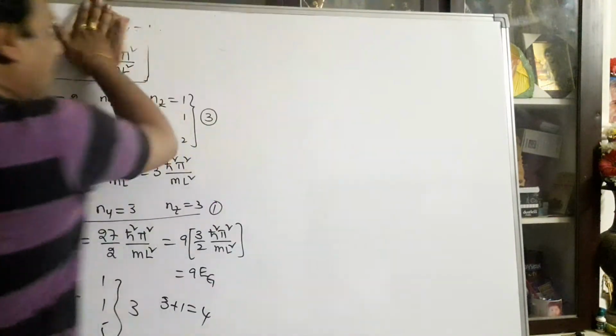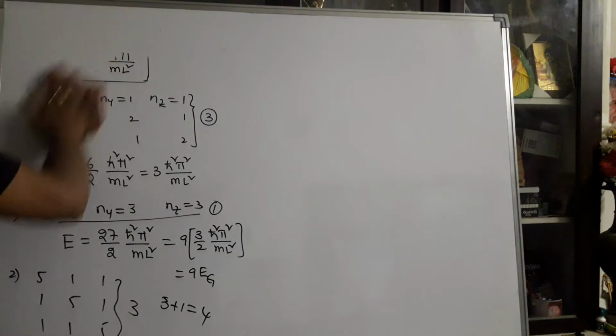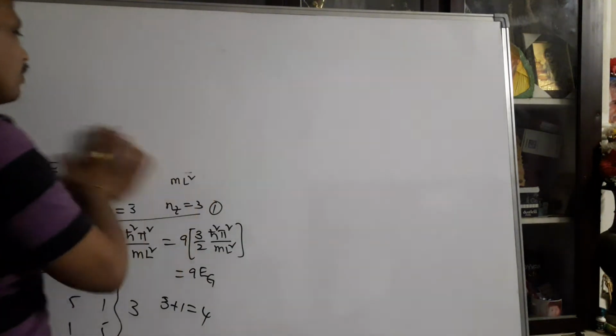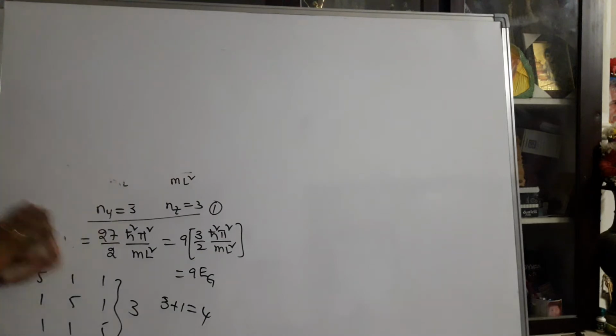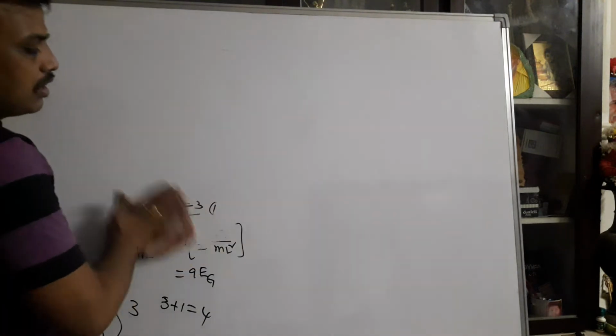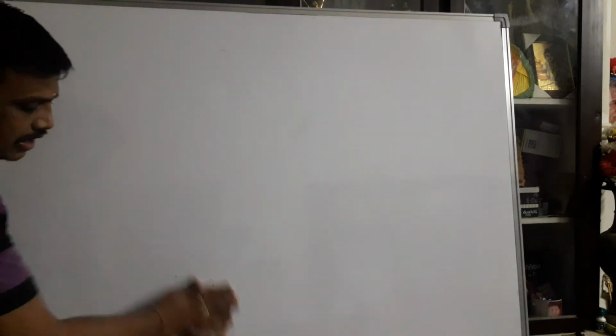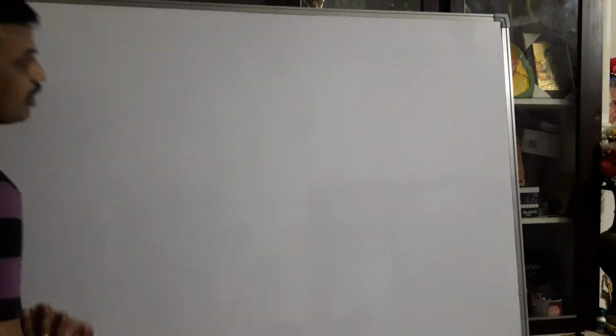In the allowed regions you can calculate the density of allowed states. Everyone knows what density is. Density is nothing but the ratio of mass and volume of the given system or body.